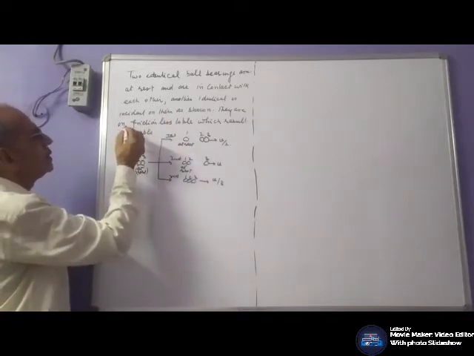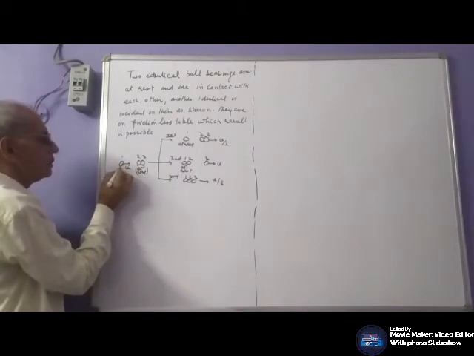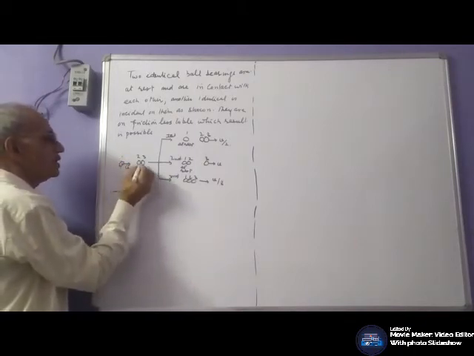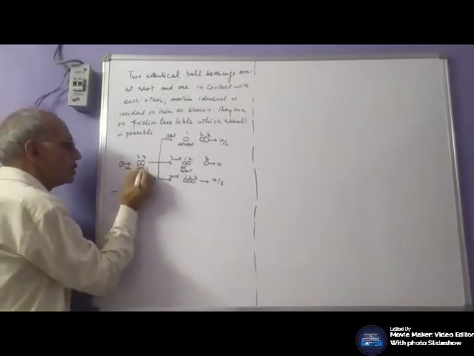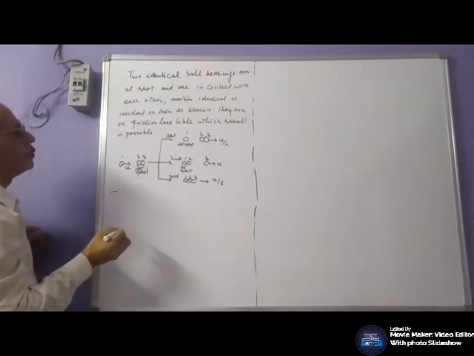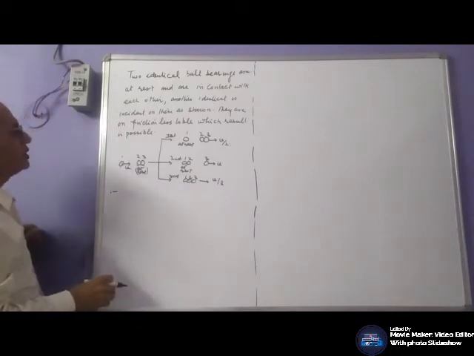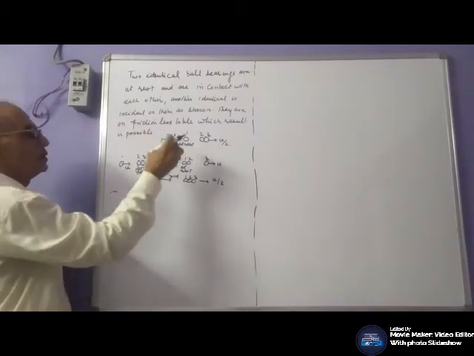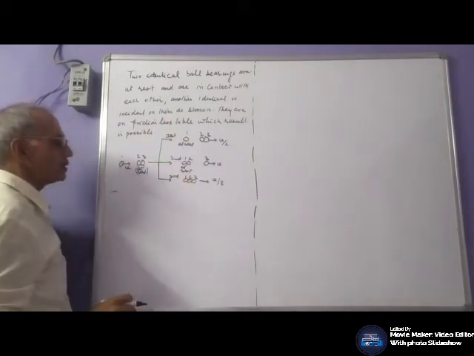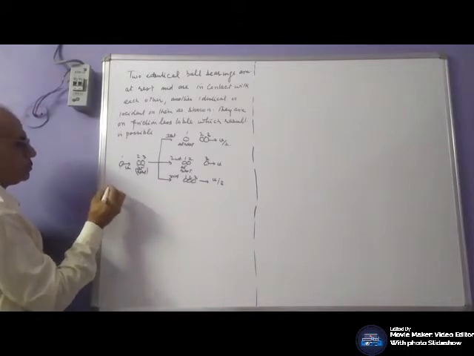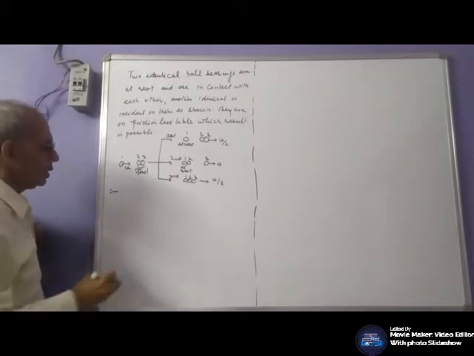Another identical ball is incident on them as shown, with a velocity. They are on a frictionless table, no friction. Which result is possible? This is the first result, this is second, this is third. This is the question.